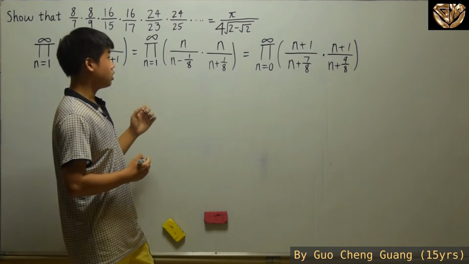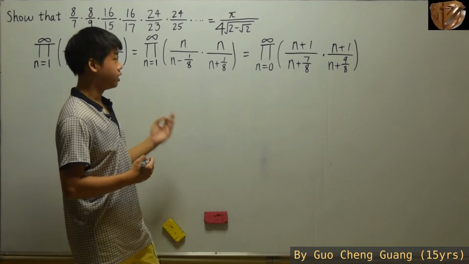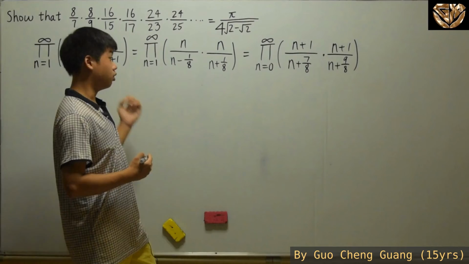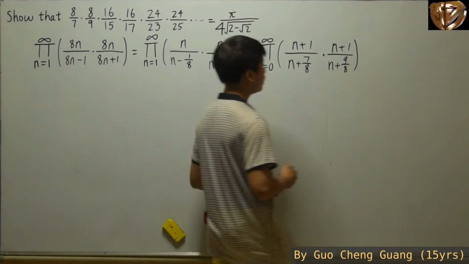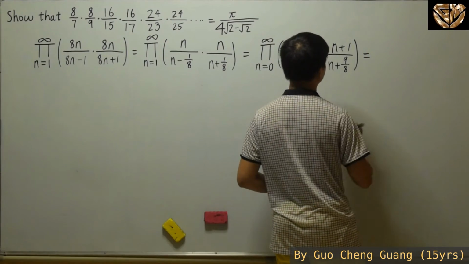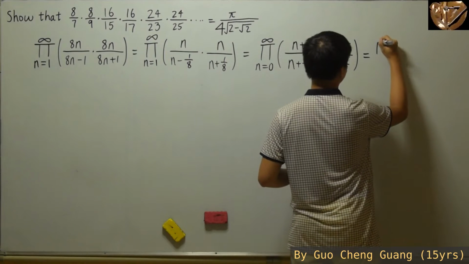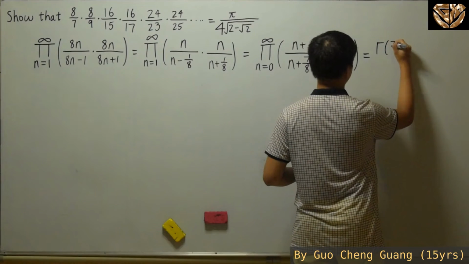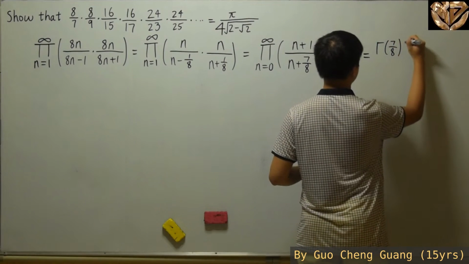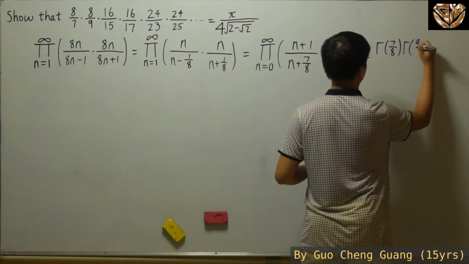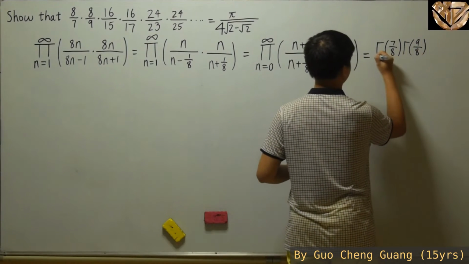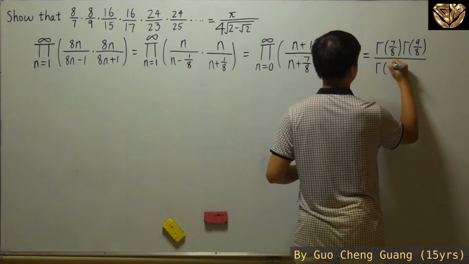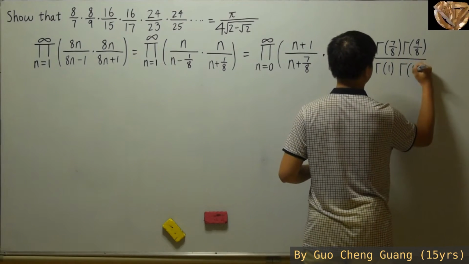Since both of them are 2, we can use the Wallis product here. What you'll see is gamma 7 over 8 times gamma 9 over 8, divided by gamma 1 times gamma 1.